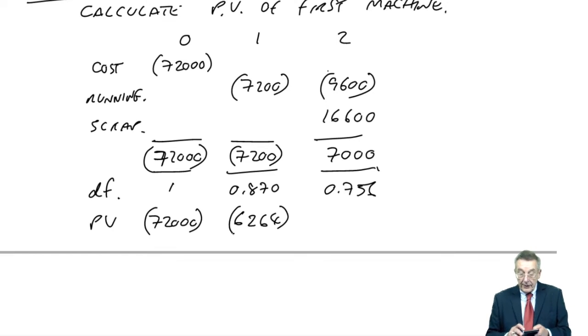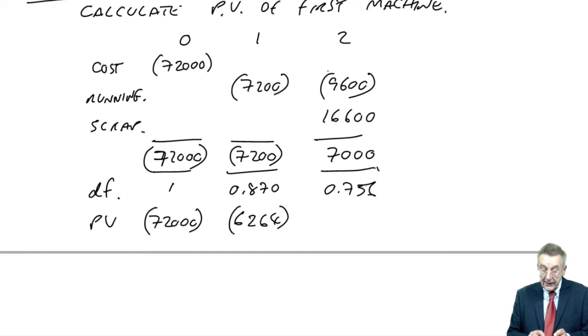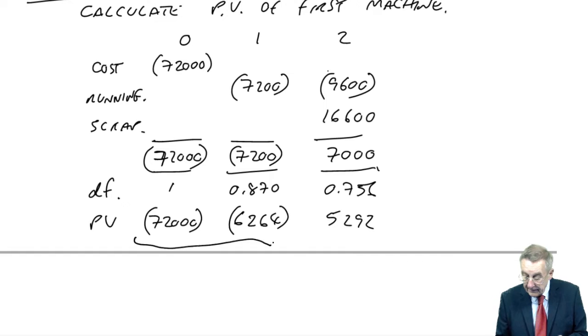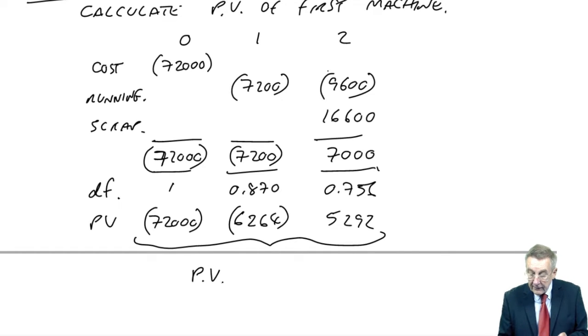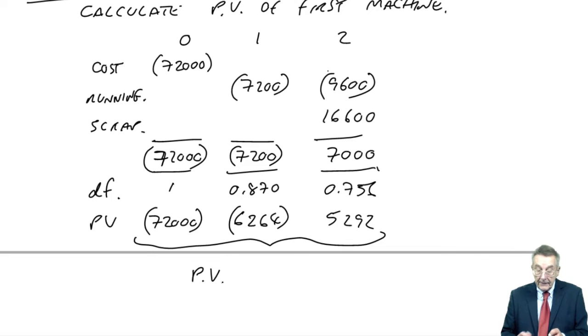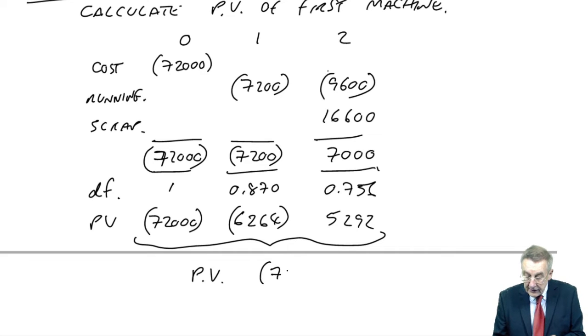And then an inflow of 7,000 times 0.756 is 5,292. So the overall present value: 72,000, 6,264, 5,292 is 72,972.